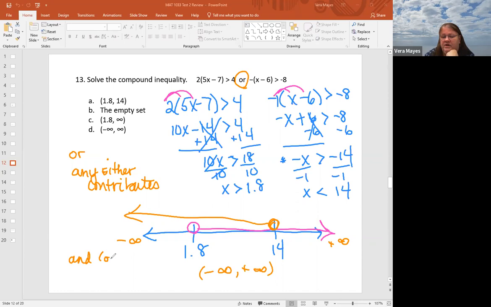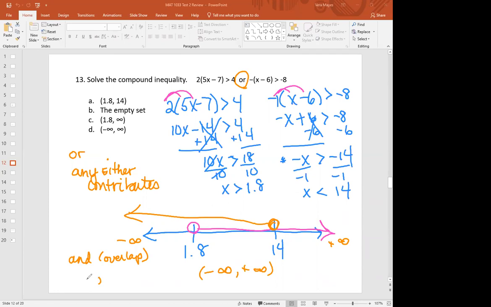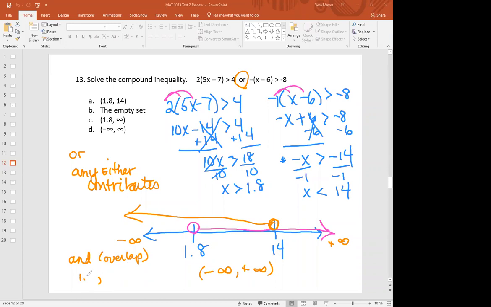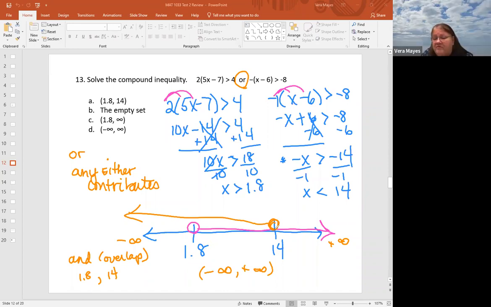Remember, an and is where they overlap. 1.8 comma 14. And both of them have open circles, right? So I'm going to put a parenthesis on both of them. No matter how you work it, be sure you go back and verify: is this an and or is it an or?